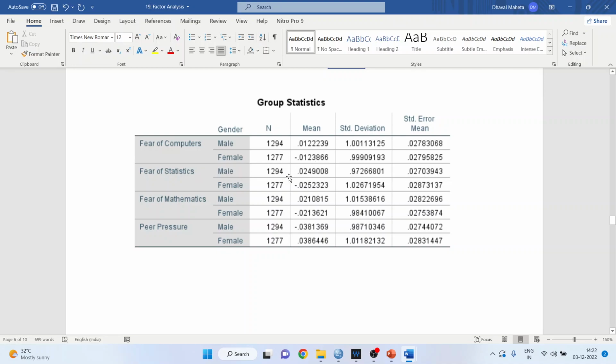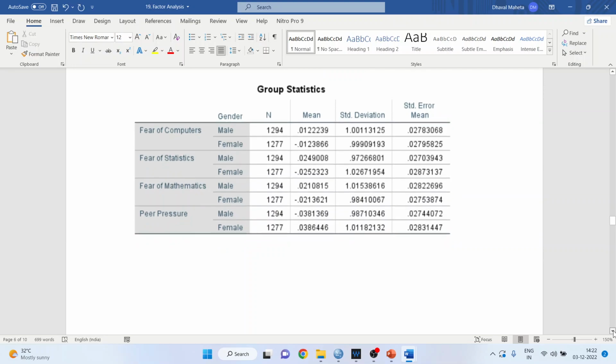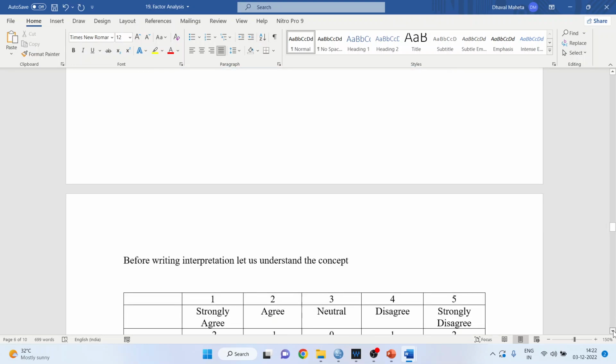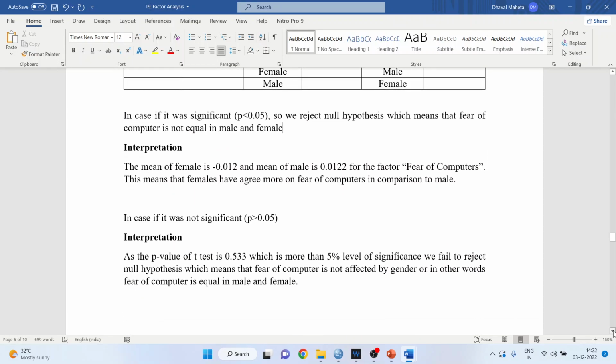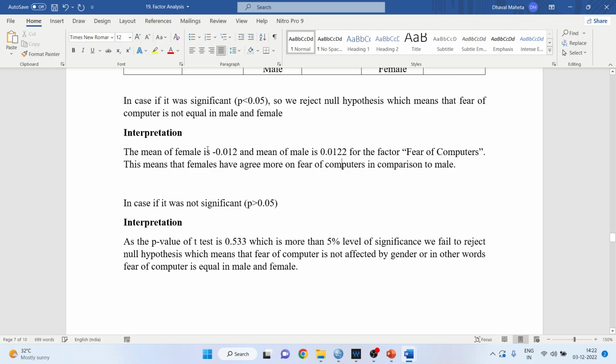Similarly for fear of statistics, male, female, fear of mathematics, 0.021, and here minus 0.021. In peer pressure, it is negative. Male is 0.038 and female is 0.038. This interpretation is to be done only when you get a p-value less than 0.05.